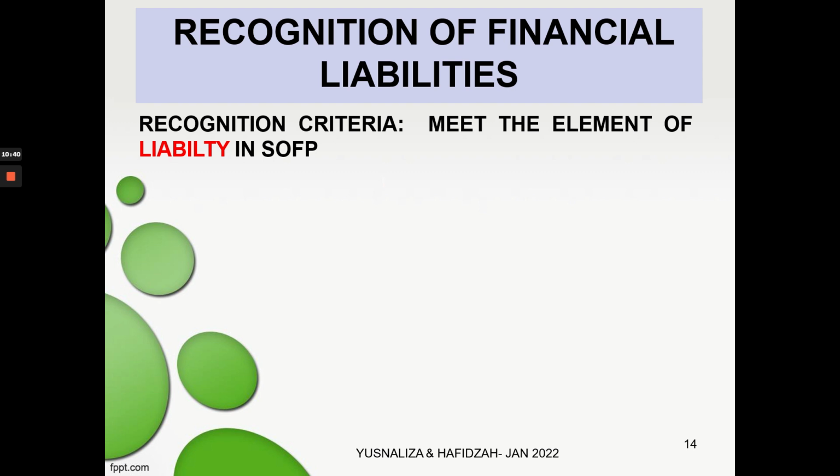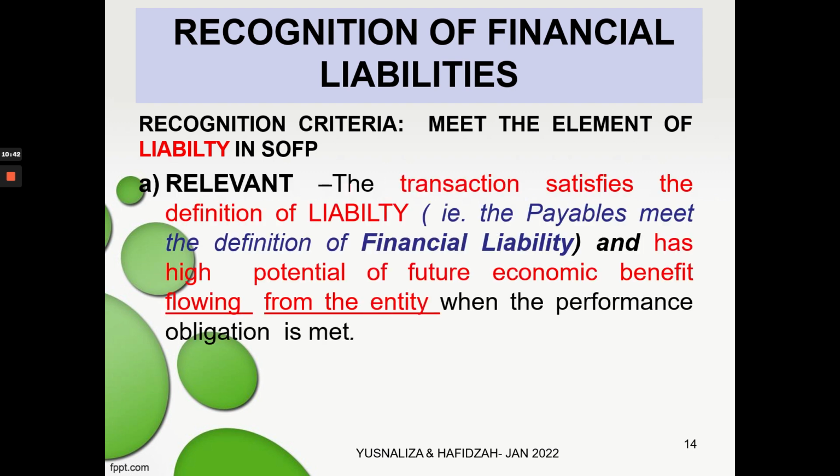Recognition criteria, according to the conceptual framework: it will be recognized if it meets the elements of a liability. Remember, the conceptual framework has the two criteria of relevance and faithful representation.